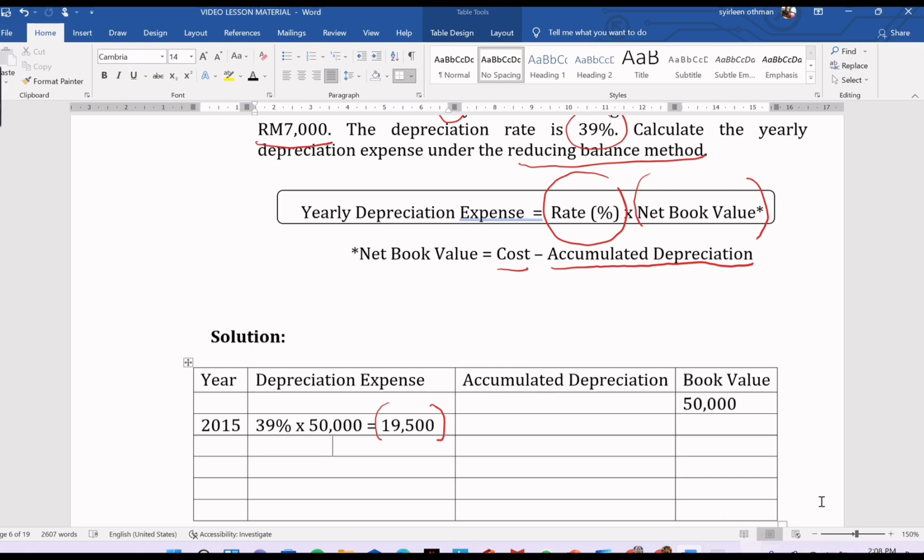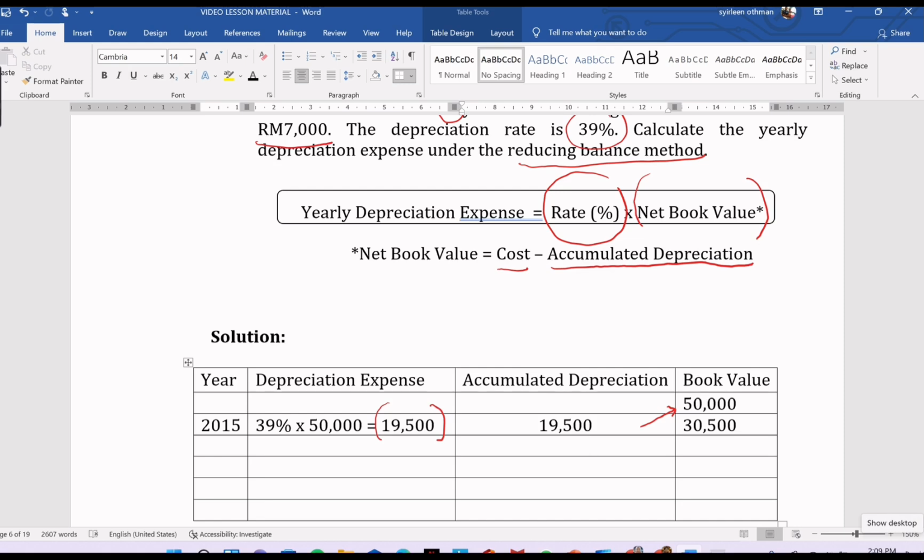The accumulated depreciation for that year is the same because this is the first year we are doing the depreciation expense for this asset. So accumulated depreciation for 2015 ialah 19,500. The book value after the adjustments on 2015 will be 30,500 ringgit.